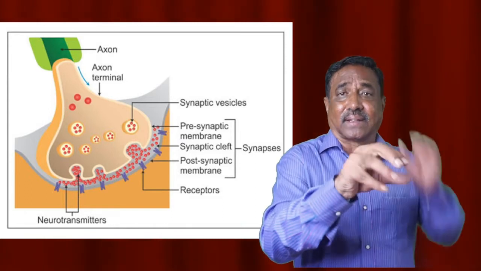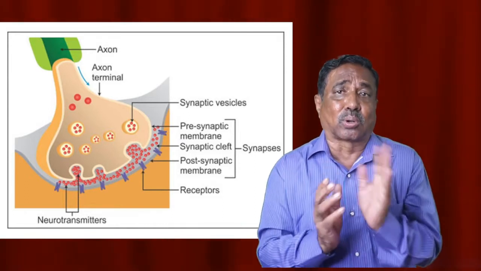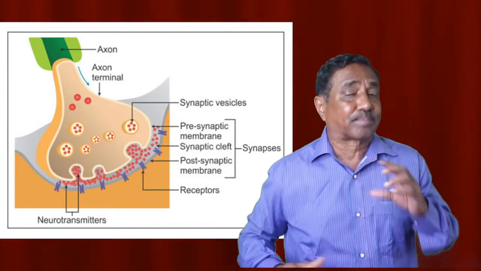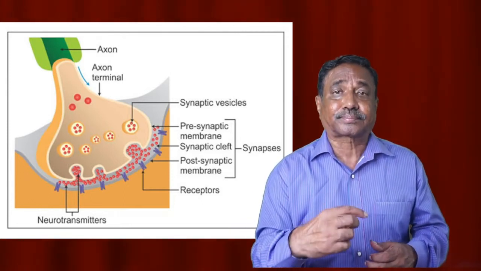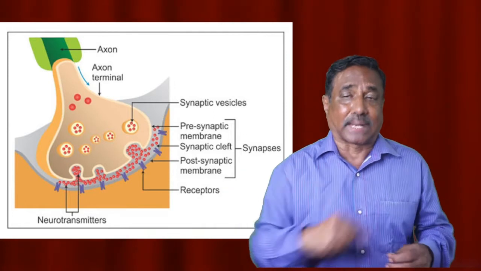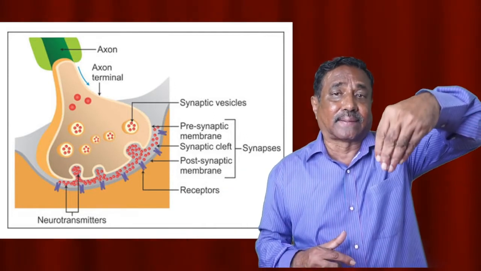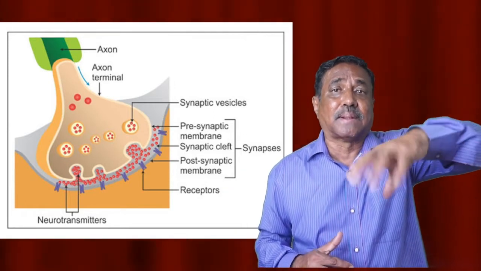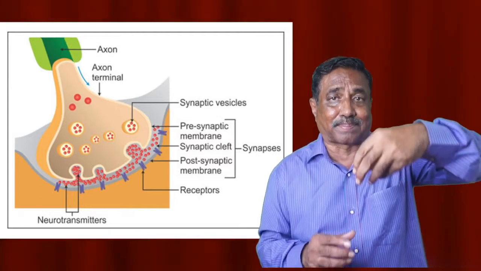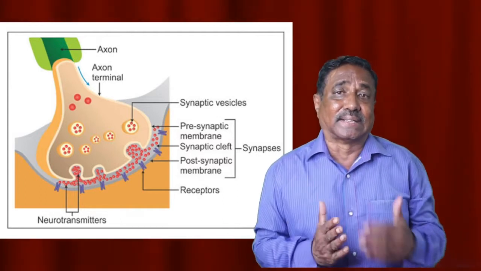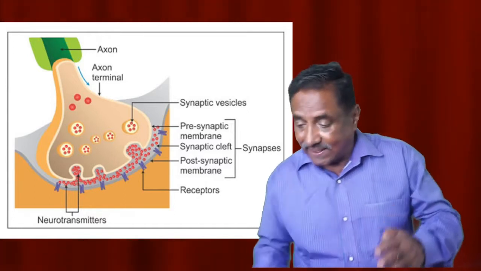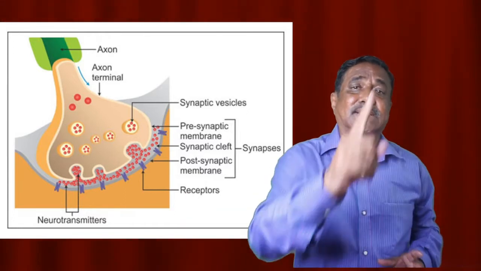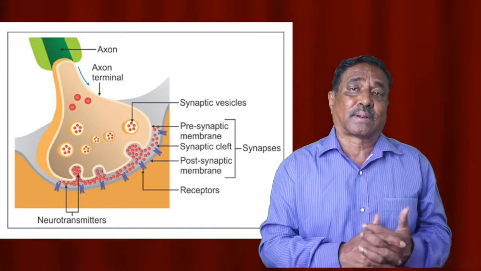In the axon ending many neurotransmitters are present, and receptors are attached to the postsynaptic membrane. Through the vesicles, the neurotransmitters join with the receptors, forming complexes. Thus the information will be passed on.